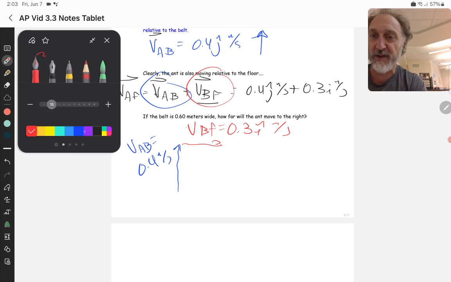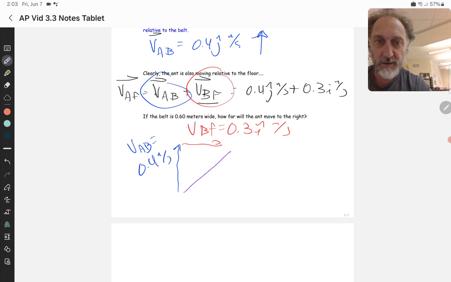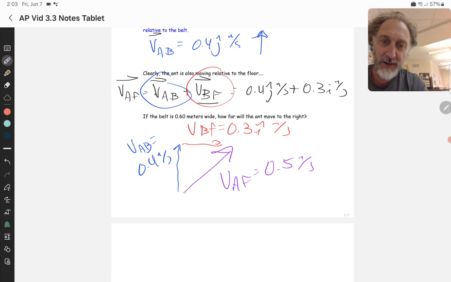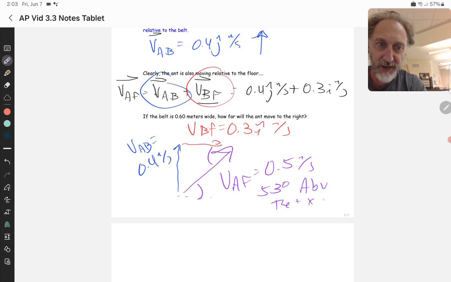And then my resultant vector, the velocity of the ant relative to the floor, is a 3, 4, 5 triangle, so it turns out to be 0.5 meters a second at 53 degrees above the positive x-axis, which is the same as this angle. All right?